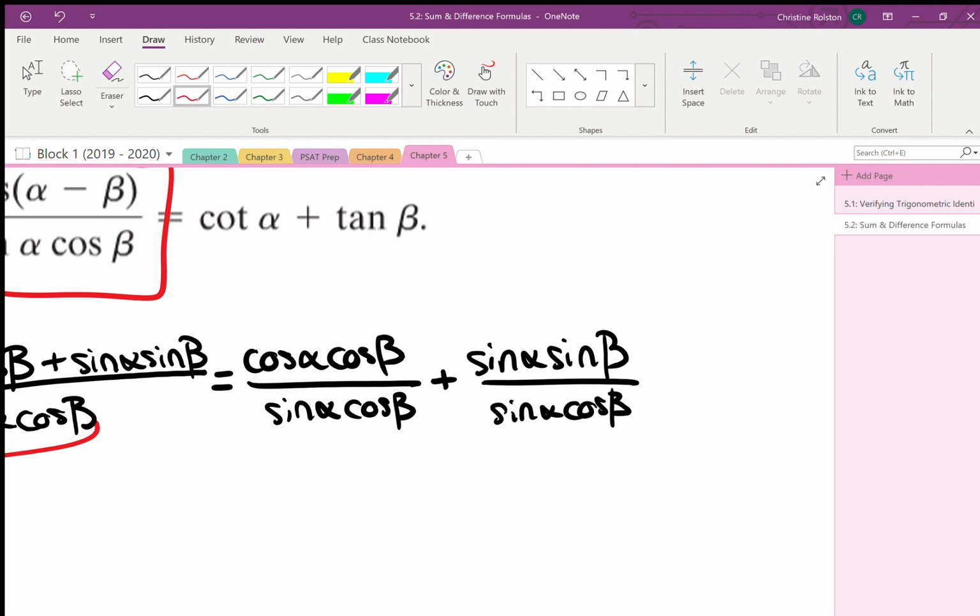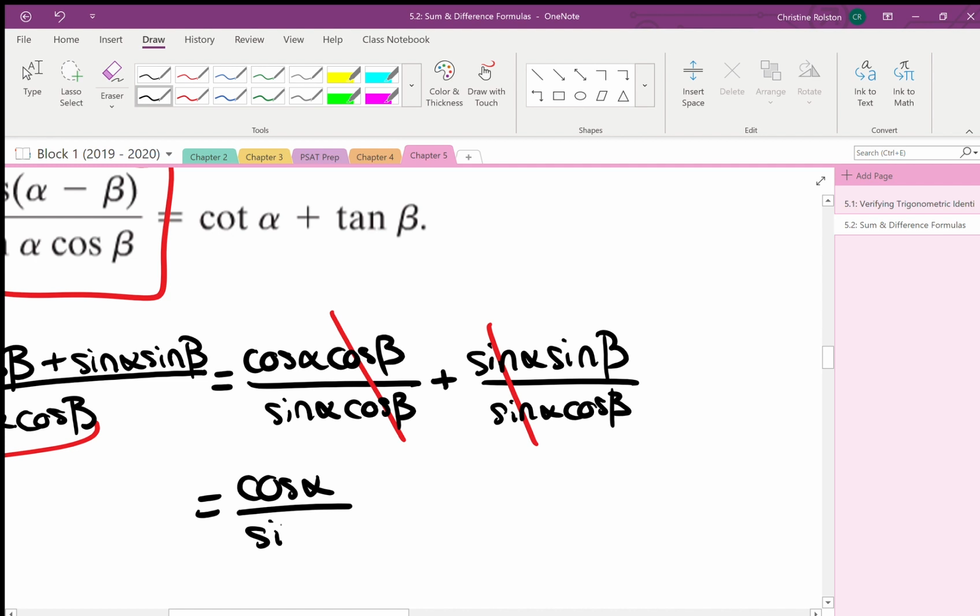Now you can start crossing things out. So cosine beta crosses out, sine alpha crosses out. So basically what I'm left with is cosine alpha over sine alpha plus sine beta over cosine beta.